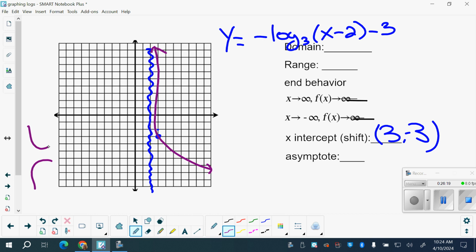You flip it over the x-axis. Because remember when we graphed U's, we would flip it this way, right? Yeah, everyone wants to do that.